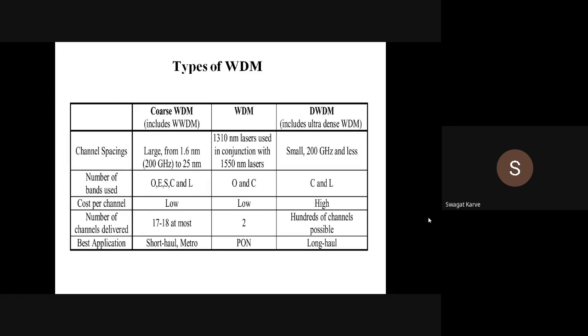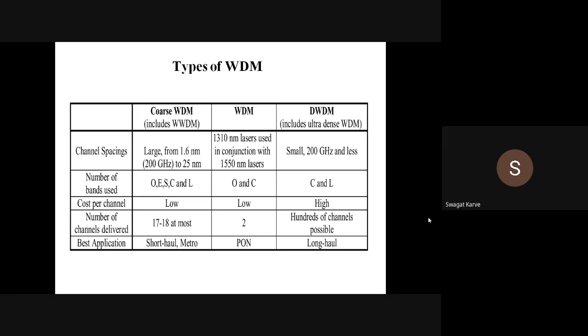Cost per channel is very low for WDM, but it is very high for DWDM. But if you consider the advantages of DWDM, then you can neglect the cost issue, right? Number of channels delivered: for CWDM, it is 17 to 80 at most.